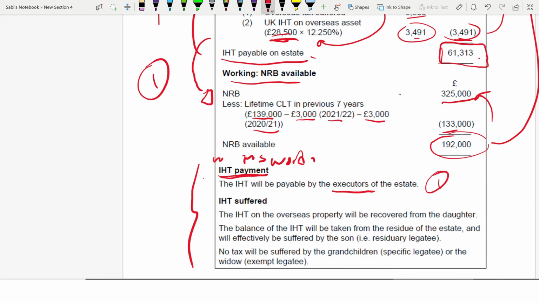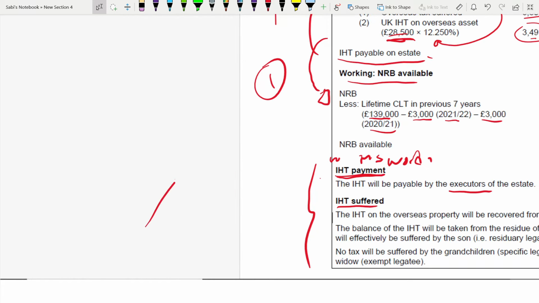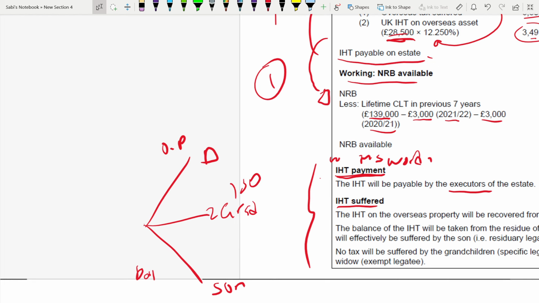IHT suffered. Three people. One is the overseas property. This goes to the daughter. Balance residue goes to the son. And granddaughters get 15,000 each. In between, two granddaughters get 15,000 each.